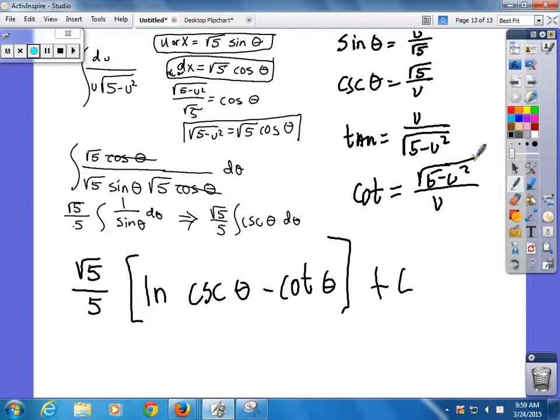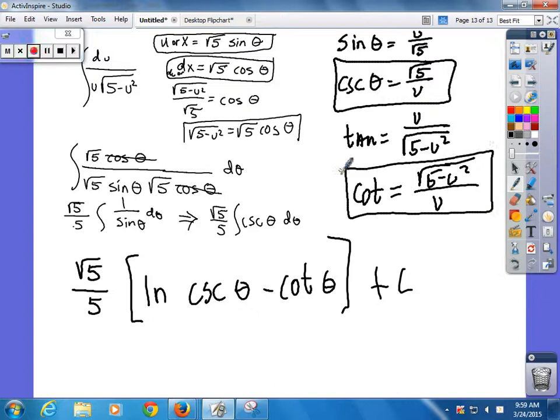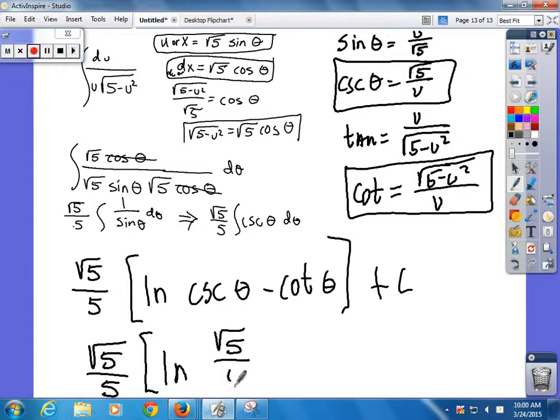So now we've got the cosecant and the cotangent, and we've got the square root of 5 over 5 natural log of square root of 5 over u minus square root of 5 minus u squared over u plus c.